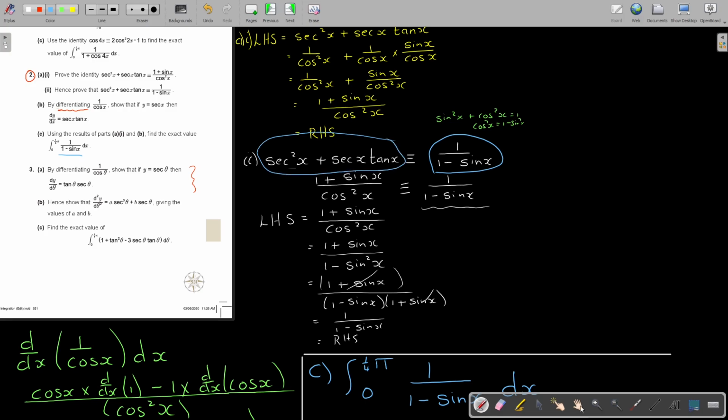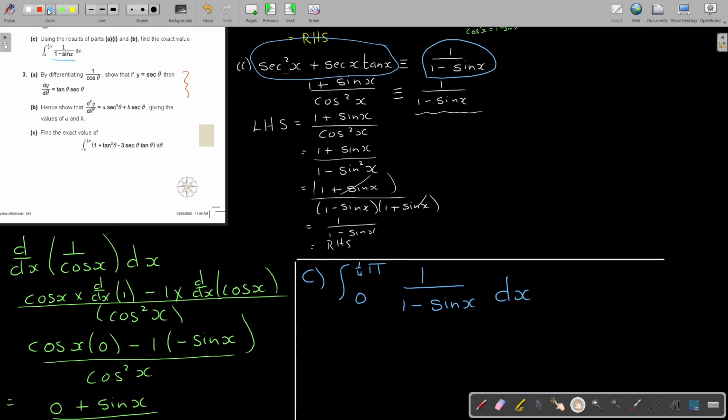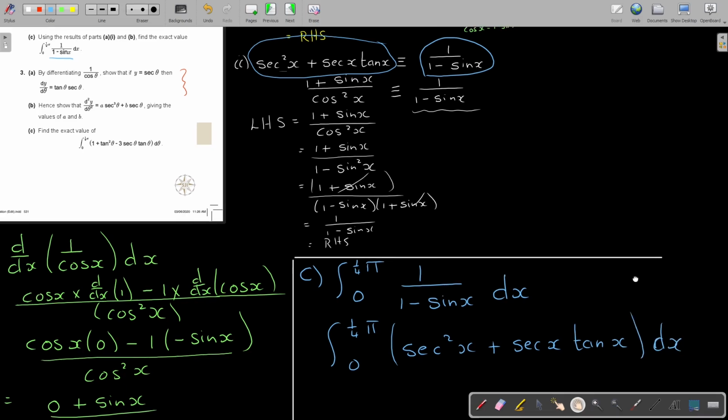So can you recall? I can keep the boundaries, the limits, 0 to quarter pi, but now I substitute that in. So it's going to be sec square x plus sec x tan x dx. I'm going to integrate this.